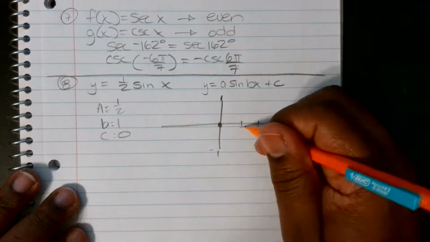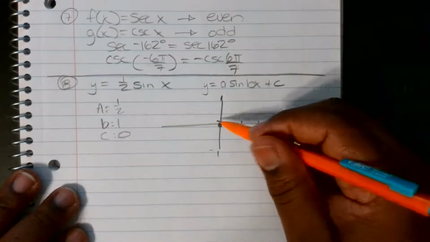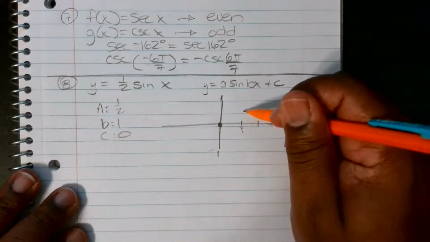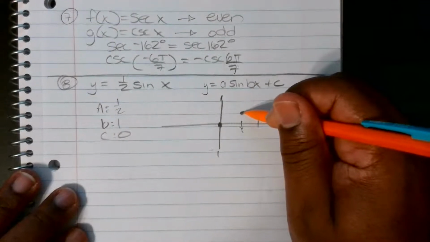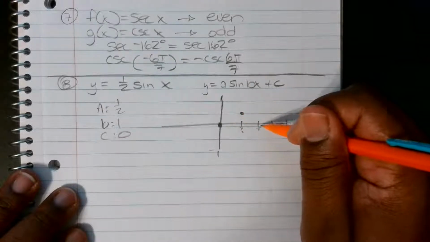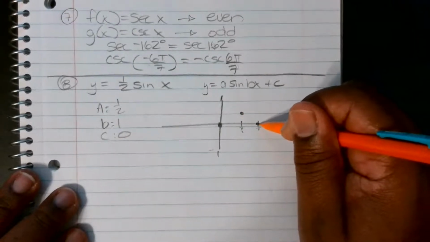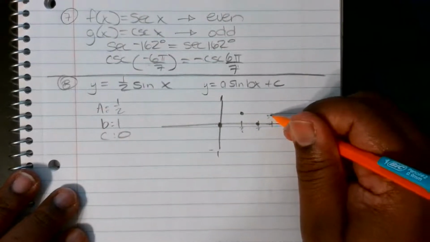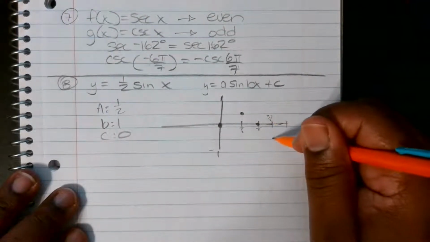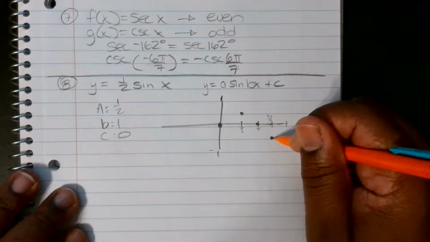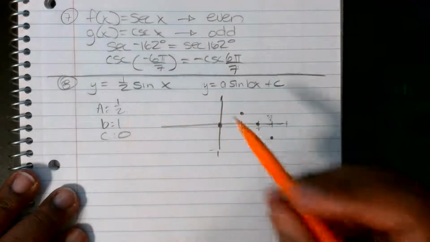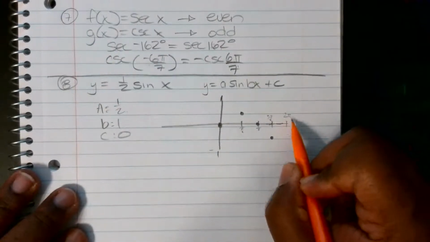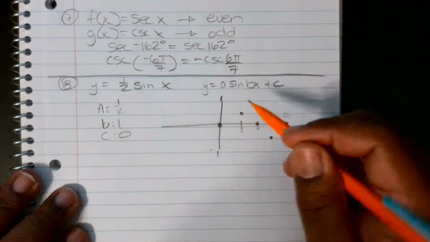Sine of pi over 2 is equal to 1, but it only goes up to 1/2. Sine of pi is 0. Sine of 3 pi over 2 is -1/2. It's normally -1, but the amplitude is 1/2. And then sine of 2 pi is 0.